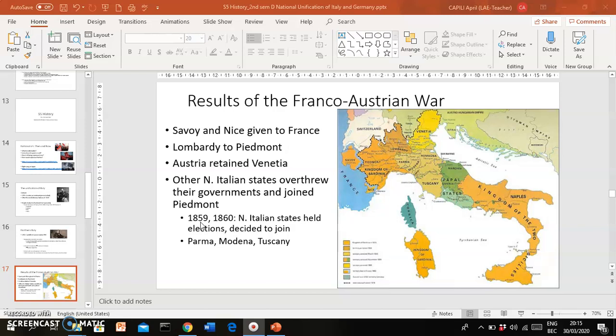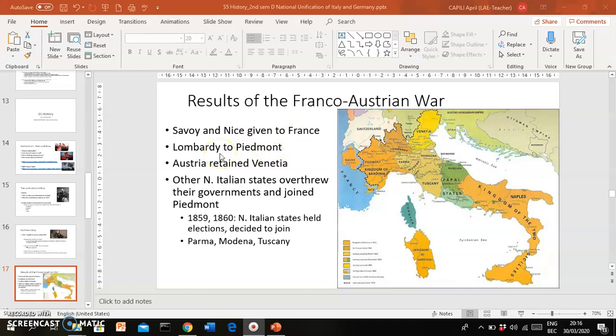So what were the results of the Franco-Austrian War, also known as the Second War of Italian Independence, or the Austro-Sardinian War? Cavour promised Savoy and Nice to Louis Napoleon, so after the conflict, they were given to France.